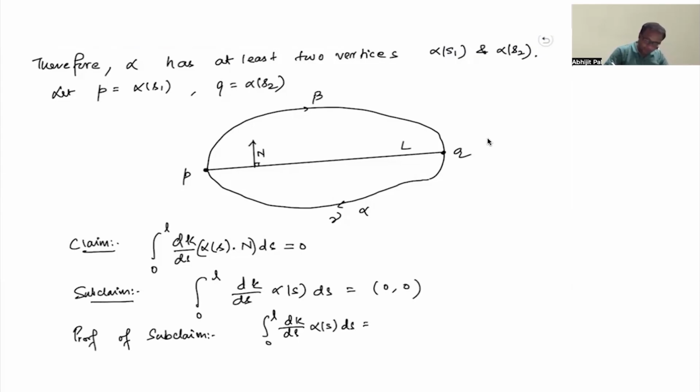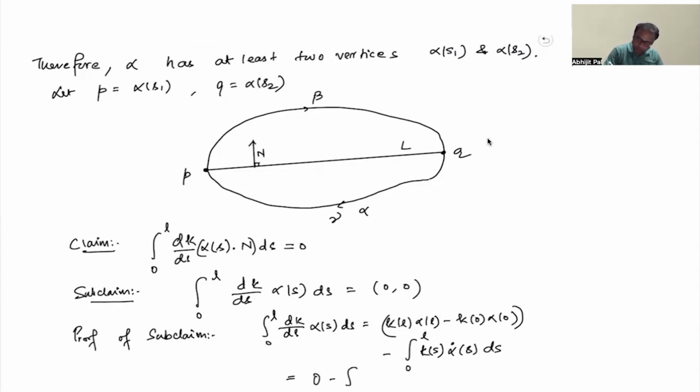So this is equal to k(L) alpha(L) minus k(0) alpha(0) minus the integral from 0 to L of k'(s) alpha(s)... Now this alpha(L) is equal to alpha(0), so the first term will be equal to 0. So we have 0 minus this integral.